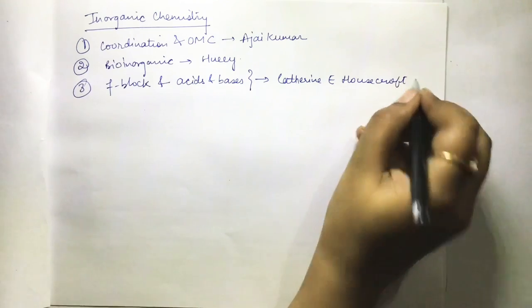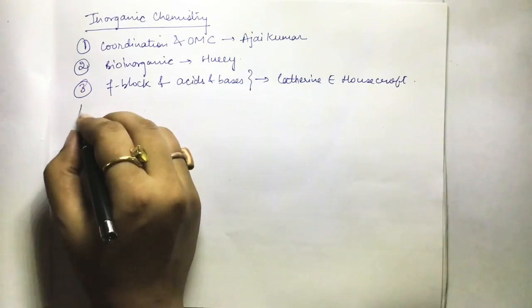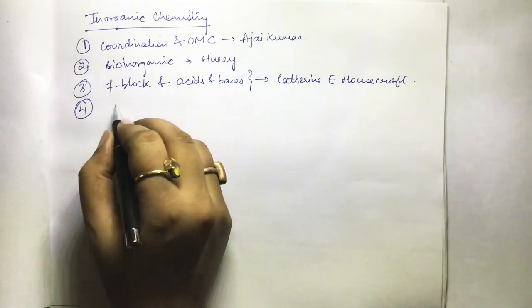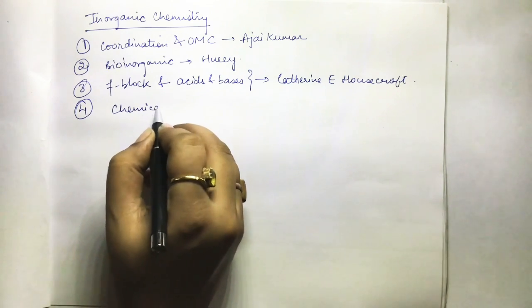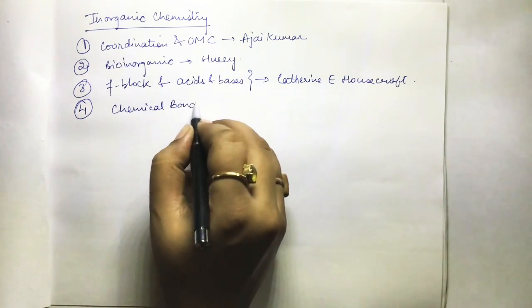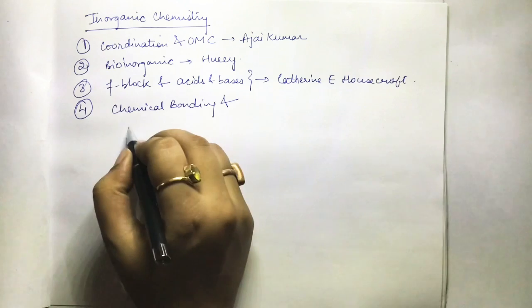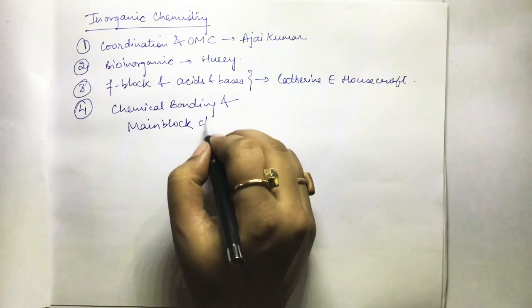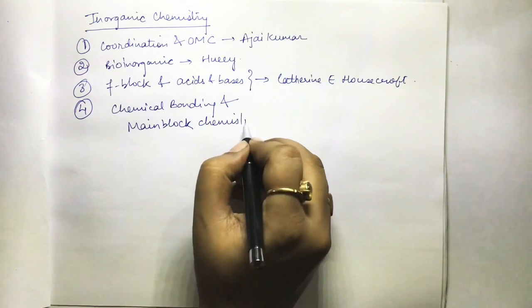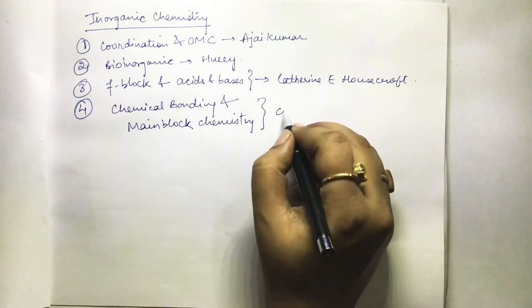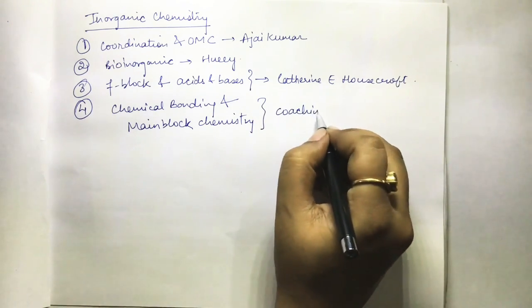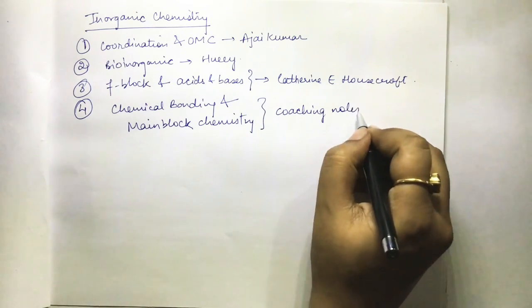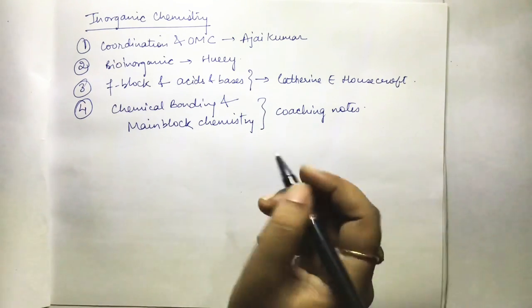Housecroft. Very good book for these topics. Then for studying chemical bonding and main block chemistry, you preferably refer to some coaching notes available on net, or if you can arrange from your friends.